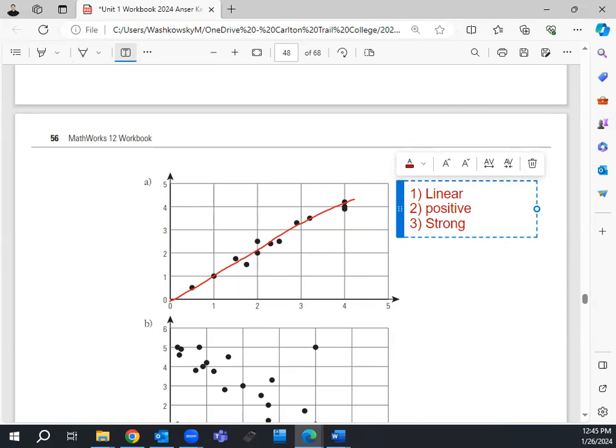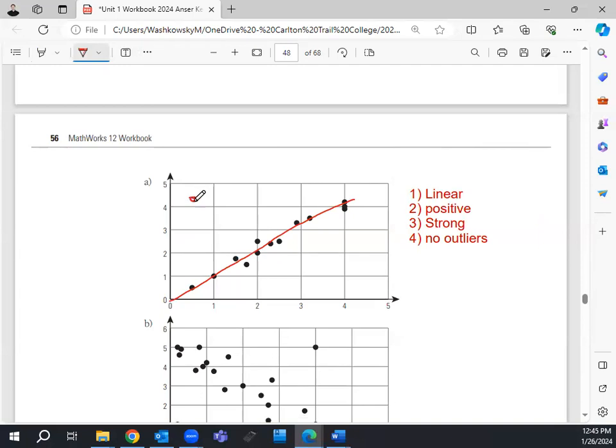And then finally, our final question here asked, is there any outliers? Are there any points in here that seem like they don't make sense? No, there's no outliers. Now, if I gave you a point way over here, that's an outlier, right? It doesn't match the data set I have.